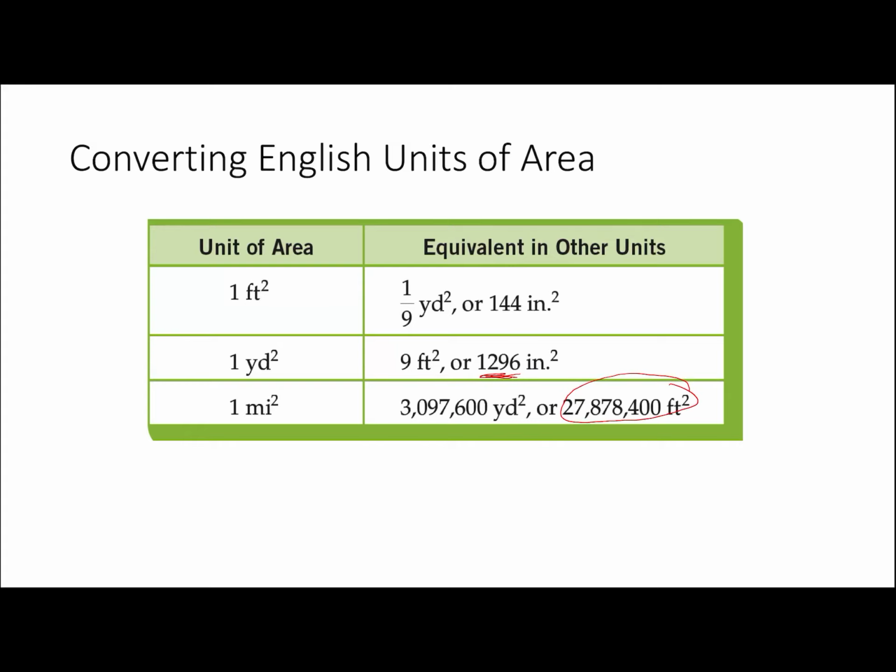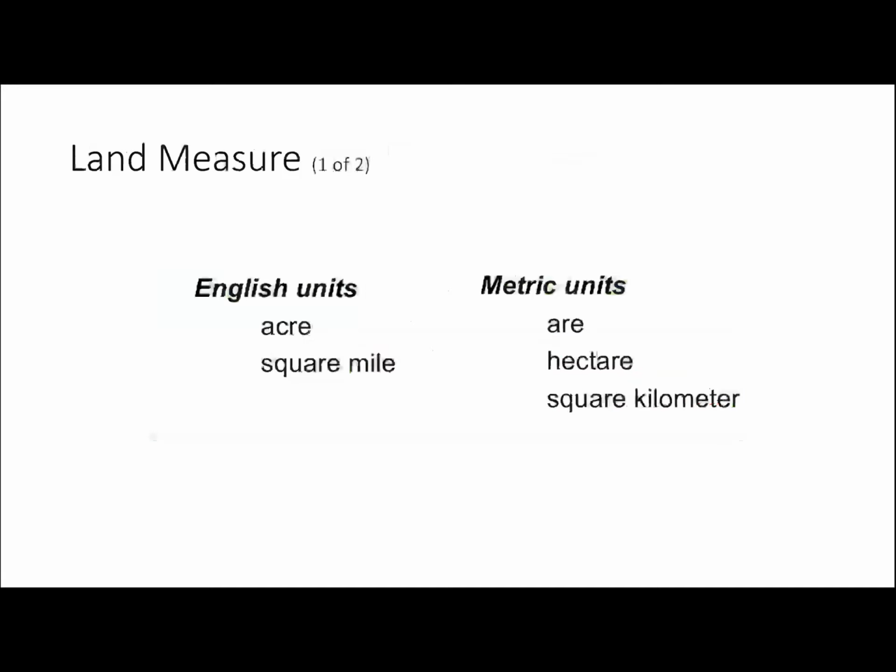So that's this measurement. If you were to do it by the yardage, a mile is 1,760 yards. And so again, if you square that, you get this unit in square yardage.